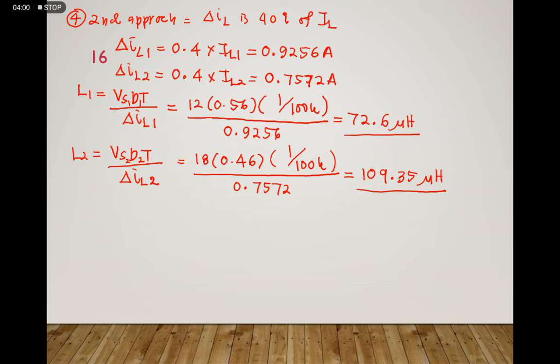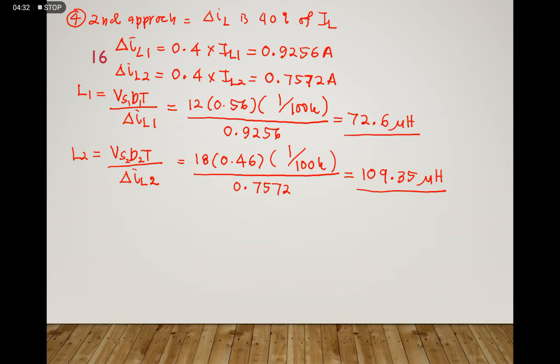For the second approach, the values for inductor L1 and L2, if you compare with the L min from the first approach, L min 1 is 14.52 microhenry, while L min 2 is 21.87 microhenry. Obviously the values for L1 and L2 using the second approach are much higher than the required minimum.